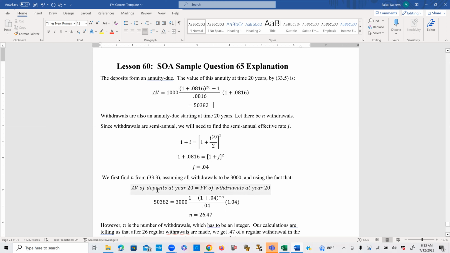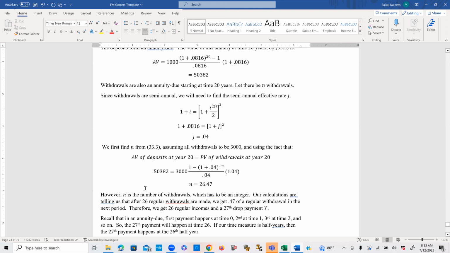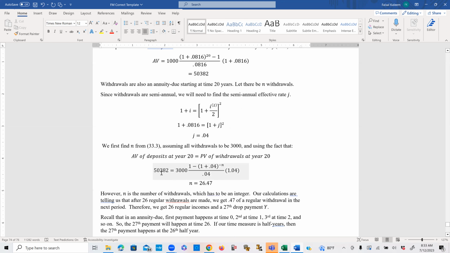Now the accumulated value of deposits at year 20 should equal the present value of all the withdrawals at year 20, because the withdrawals, including the drop payment, exhaust the fund. So the values should be the same. The accumulated value we already found was 50,382.